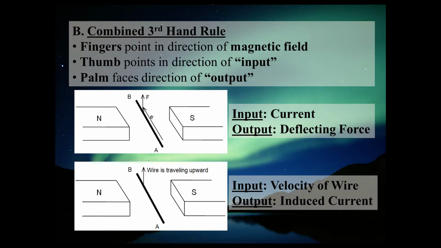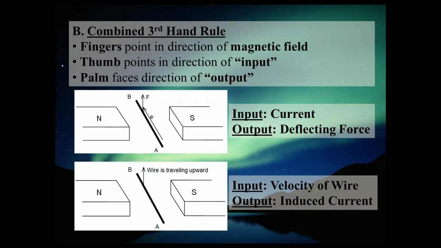So the input is the direction of the velocity of your wire. I take my right hand, if we're going to do current, and I point my thumb towards the top of the computer screen or top of the page. I would then take my fingers, making sure they're perpendicular to my thumb, and point them in the direction of the magnetic field. That would be towards the right side of the page. So my fingers point right, my thumb points towards the top of the page.